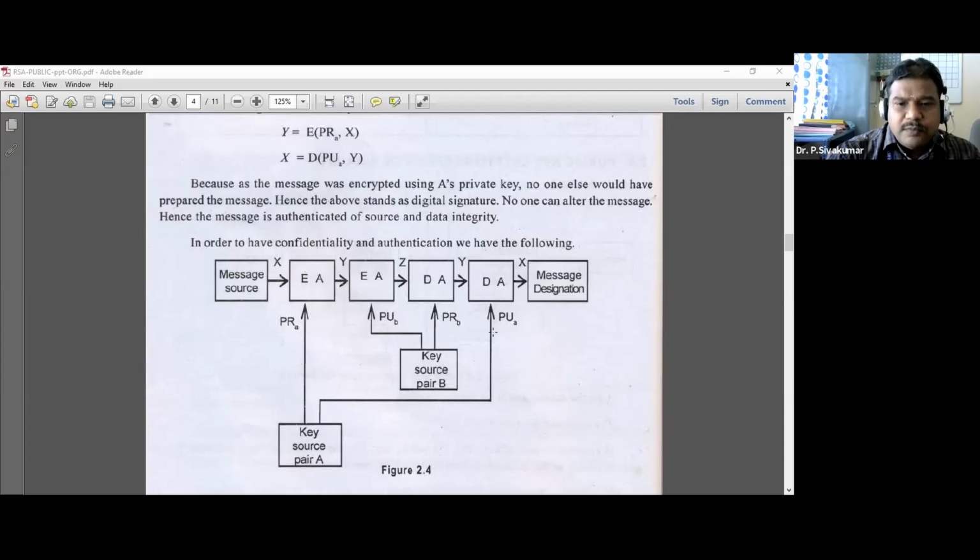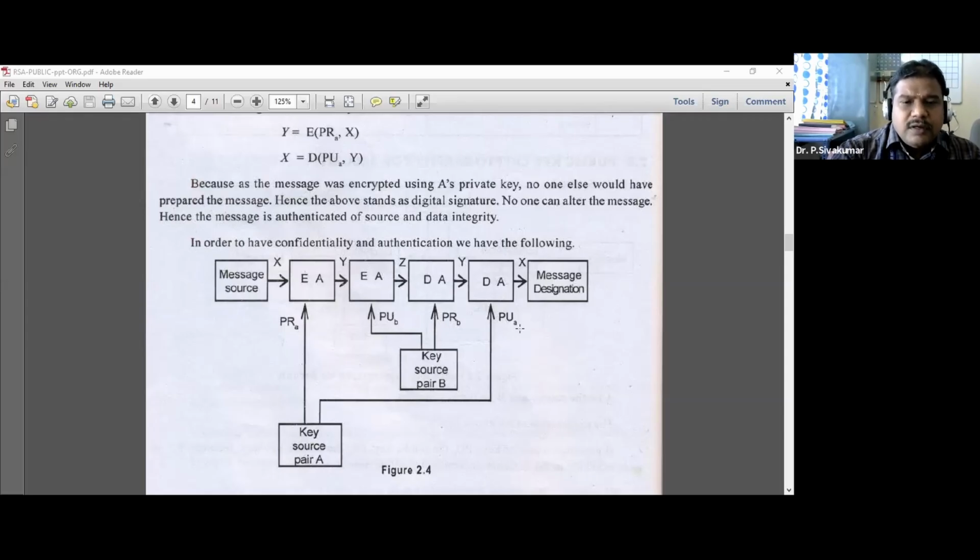In the decryption part, for confidentiality we use the recipient's private key, and for authentication we use A's, that is the source's, public key.